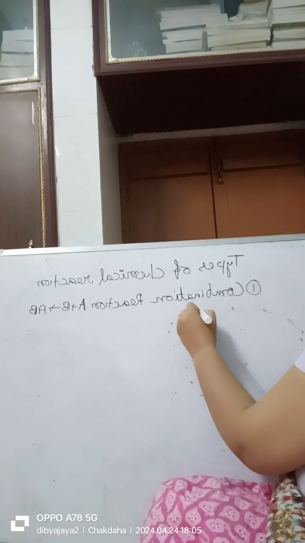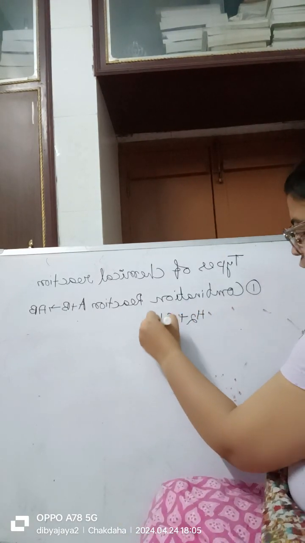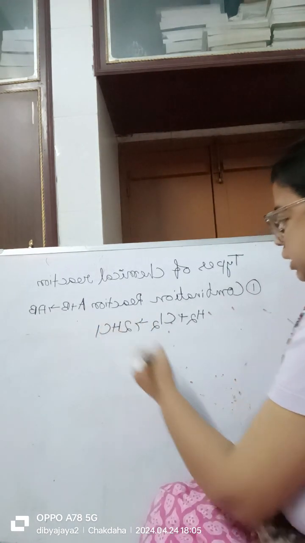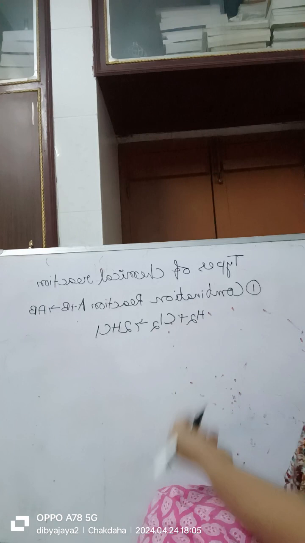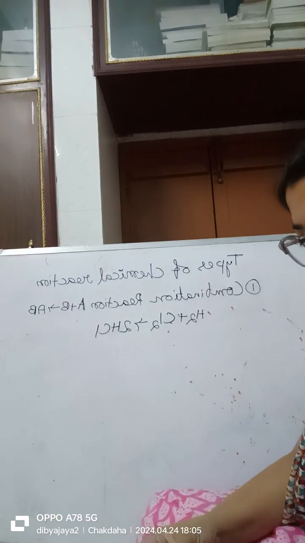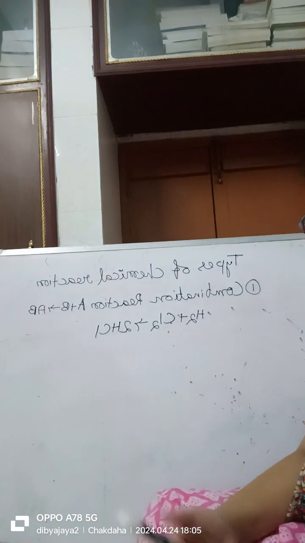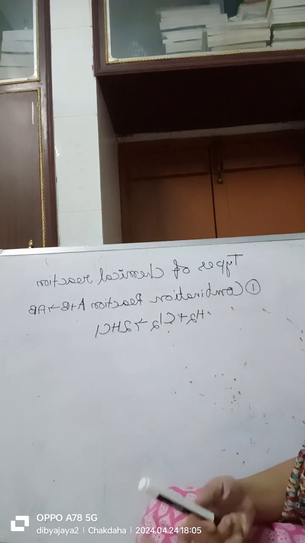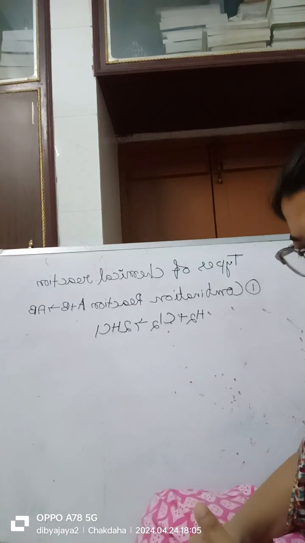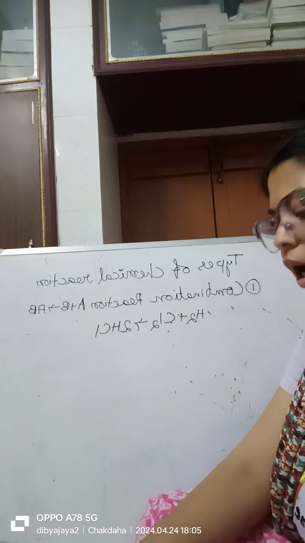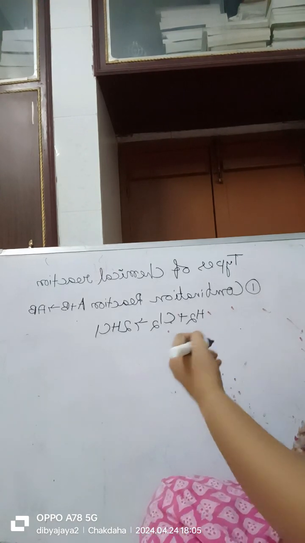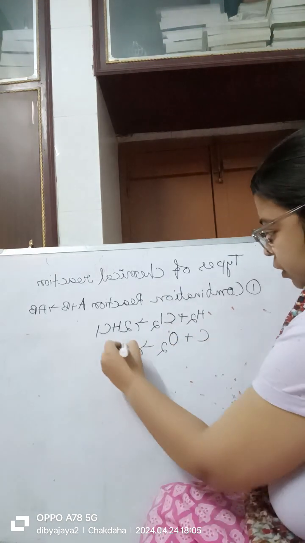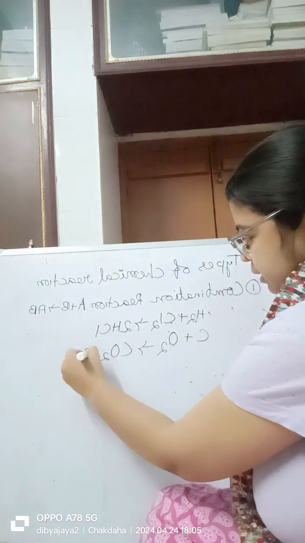Suppose H2 plus Cl2, then we get HCl, hydrochloric acid. This is an example of a combination reaction. As with the burning of any substance, it forms carbon dioxide. It is also called a combination reaction: C plus O2, then it forms CO2 gas.